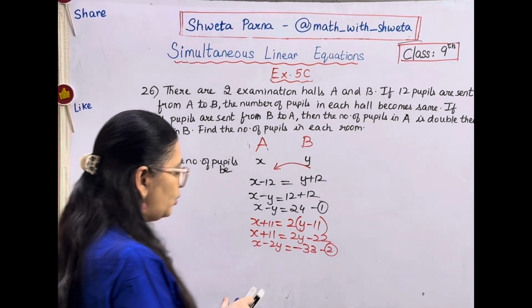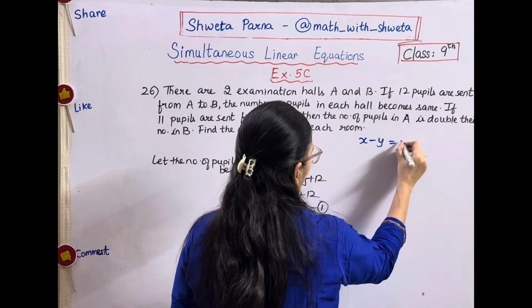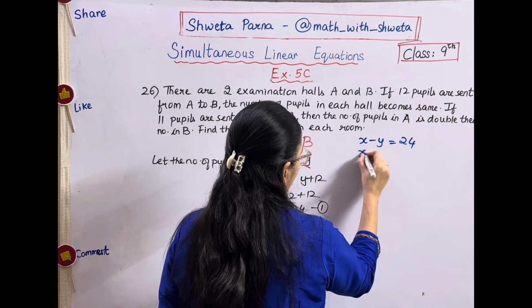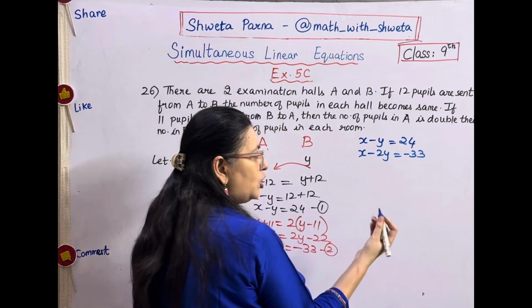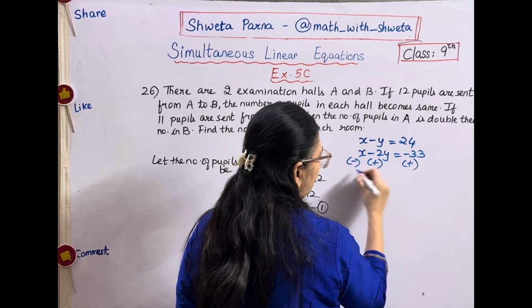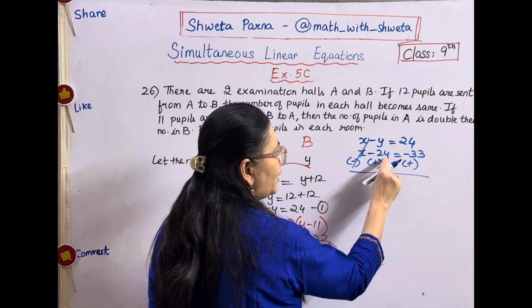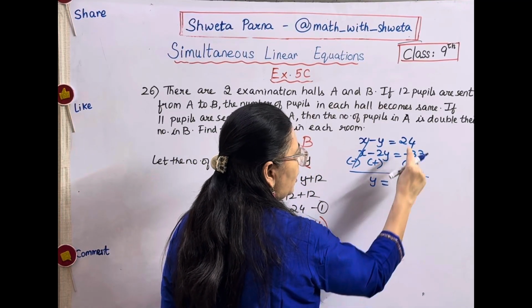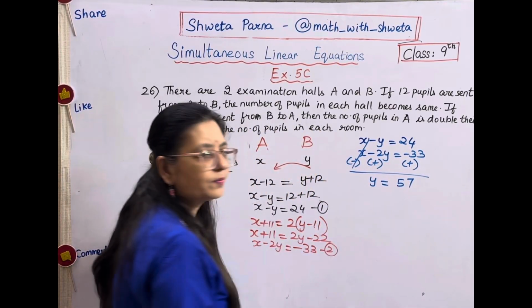Now let's solve using elimination method. X minus Y is equal to 24. X minus 2Y is equal to minus 33. Change the sign. Minus plus plus. X minus X gets cancelled. Minus Y plus 2Y is Y. 24 plus 33 is 57.